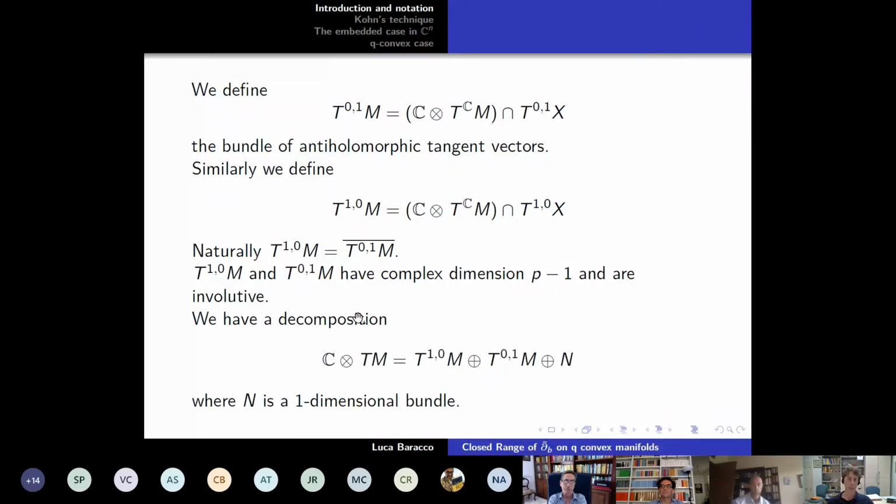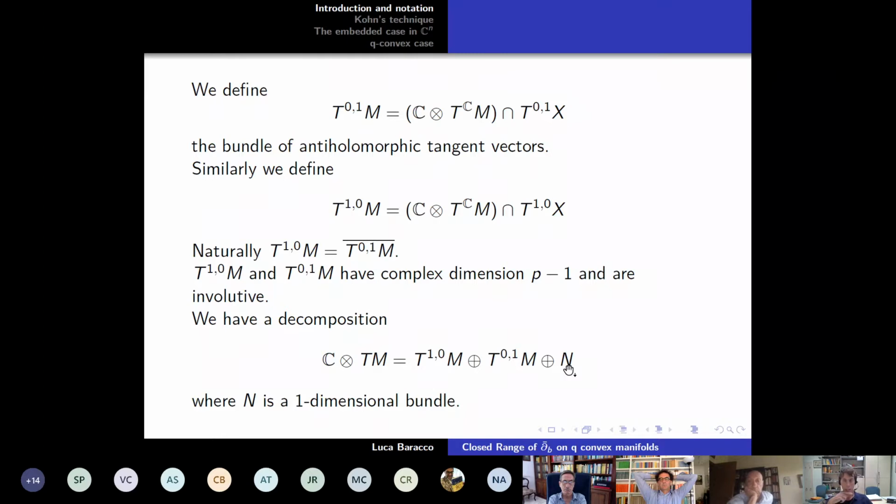So we have a decomposition of the tangent bundle of M. The tangent bundle decomposes in three pieces: the holomorphic and the anti-holomorphic tangent bundles, and an additional one-dimensional bundle that I call N, which is also called the totally real direction.